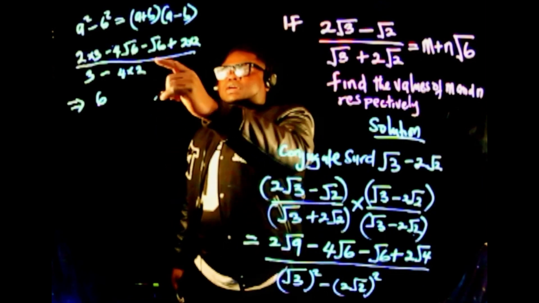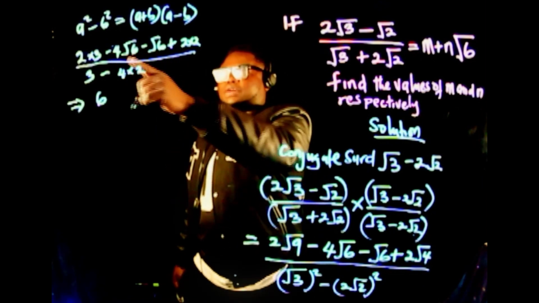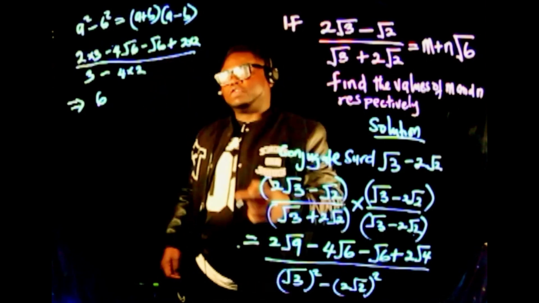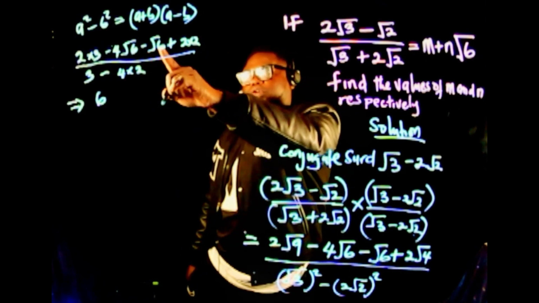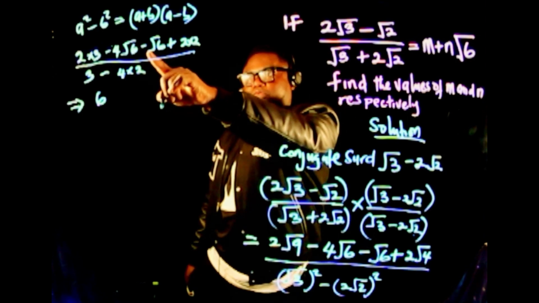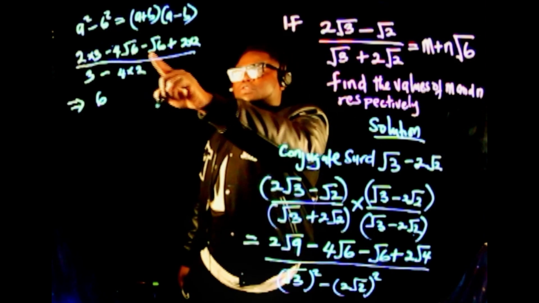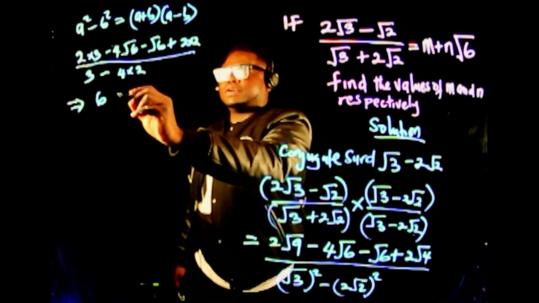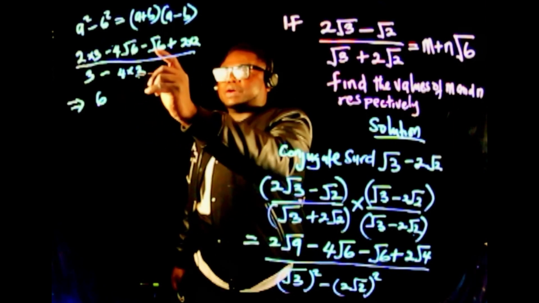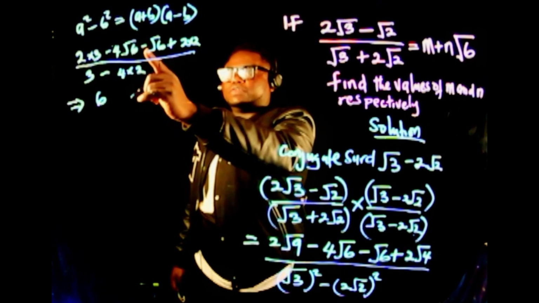Then, looking at this, it is minus 4 root 6 and this is root 6, so the coefficient of root 6 here is 1, minus 1. I can just factorize this, bringing out root 6, I'm going to have minus 4 minus 1, because the coefficient is 1 here.